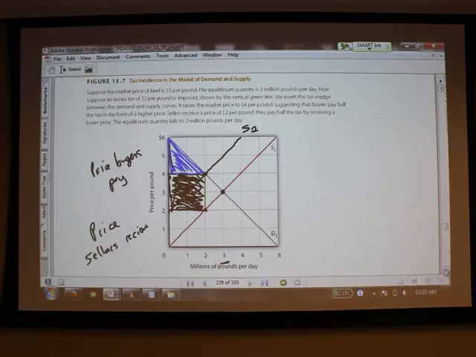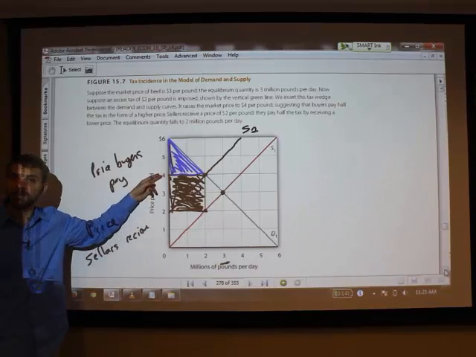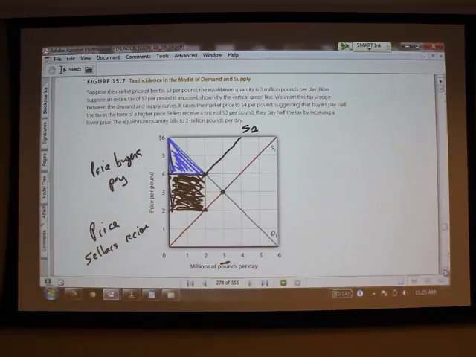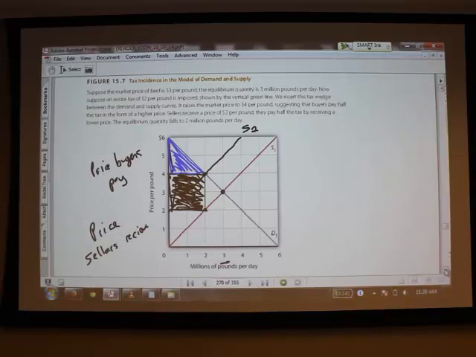What's the producer surplus? It's the area below the price and above the supply curve. Well, sellers are receiving a price of $2. I know that the sticker price, if you will, is $4, but of that they're only keeping $2. So the producer surplus is this green triangle. Therefore, this red triangle is deadweight loss.